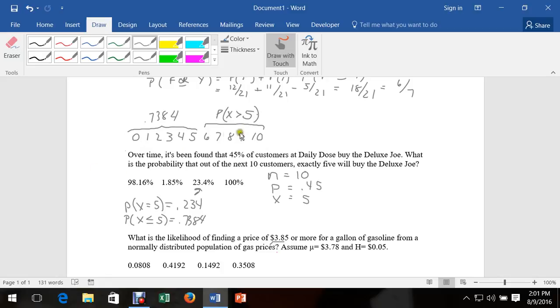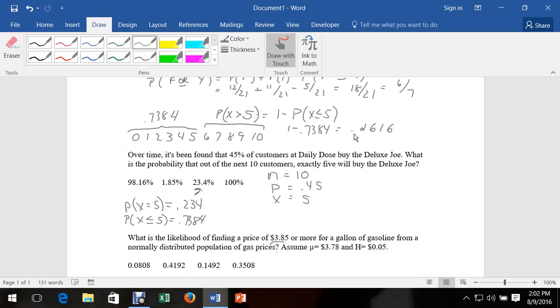And so the probability that x is greater than 5 is equal to 1 minus the probability that x is less than or equal to 5, or 1 minus 0.7384, or 0.2616, 26.16% that more than 5 people will buy the Deluxe Joe.